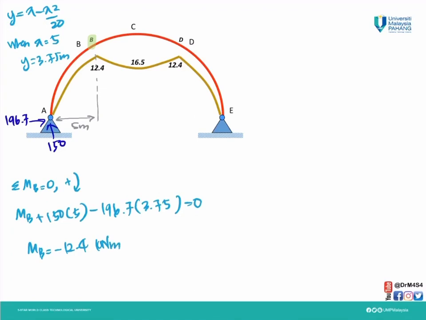That means our value for MB is 12.4. The negative means our assumption is the other way around.